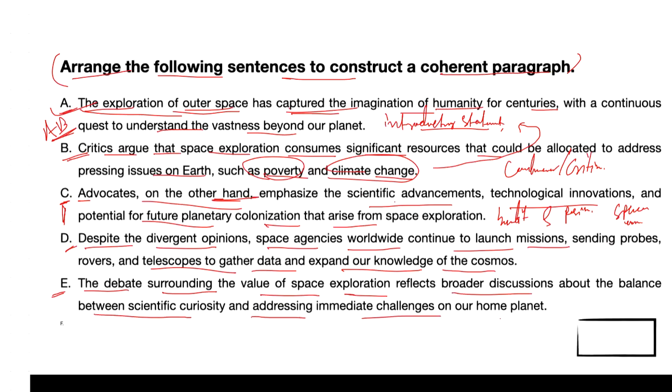So sentence 5, or sentence E, concludes the paragraph by contextualizing the debate surrounding space exploration within broader discussion about the balance between scientific curiosity and addressing immediate challenges on Earth.